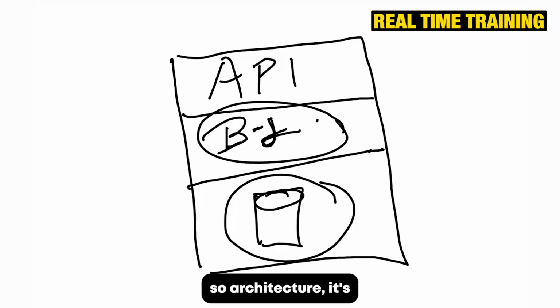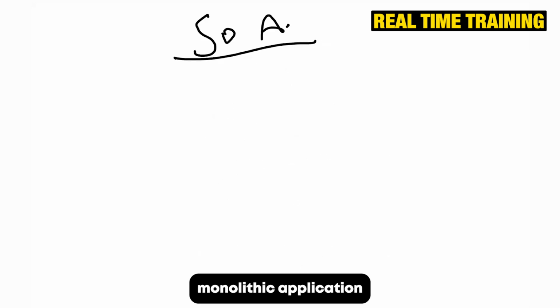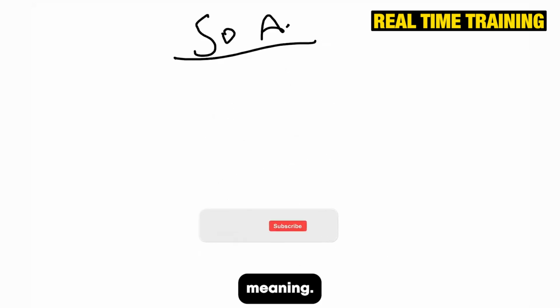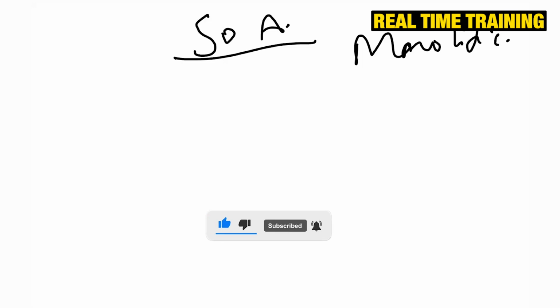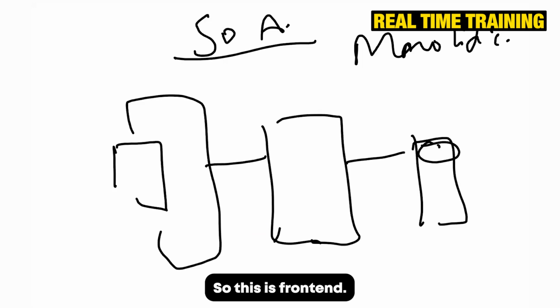In SOA architecture, I understand it to be a monolithic application, meaning if this is the application, this is the front end, this is the middle tier, this is the back end.